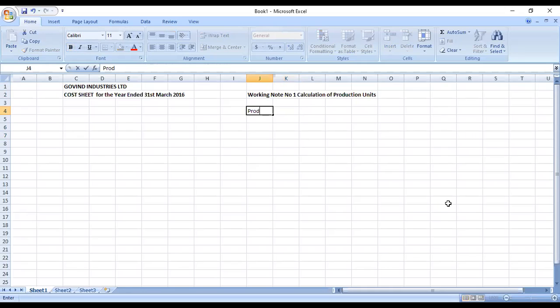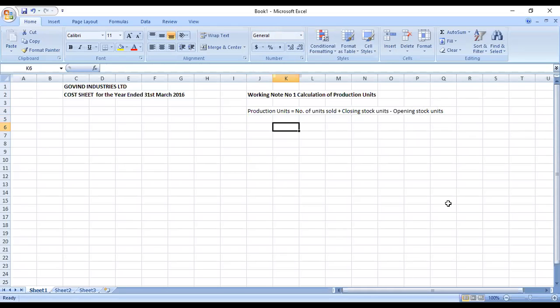Production units is equal to number of units sold plus closing stock units minus opening stock units. Okay. Now, therefore, what will come, students?